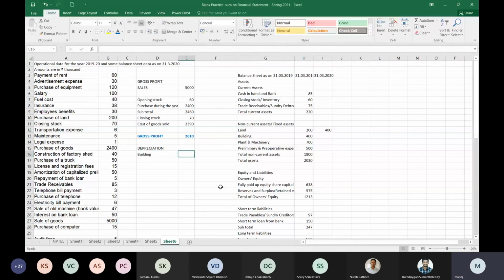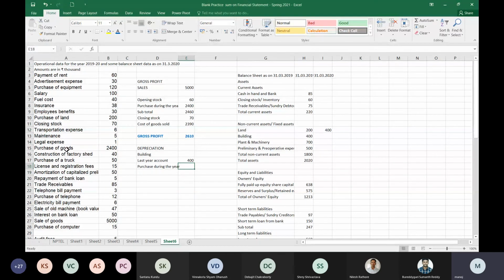Building. So initially we start with last year account. How much is the building that was there in the previous year? Building is 400. We just pick up the data from there. And if we purchase any building during the year, if there is any, let us see, building or factory shed or something.